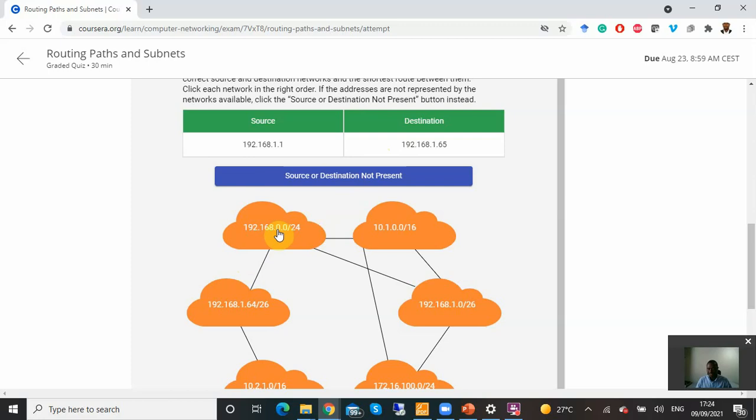This cannot be. I'm checking for the source. 192.168.1, the corresponding network ID. Now 192.168.1 is 0.